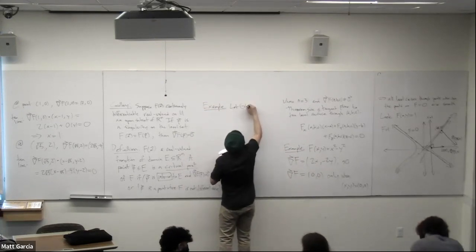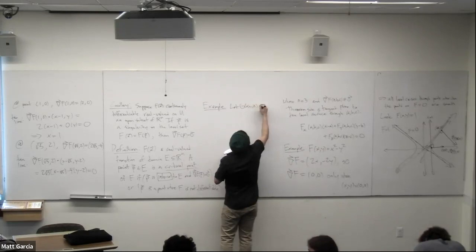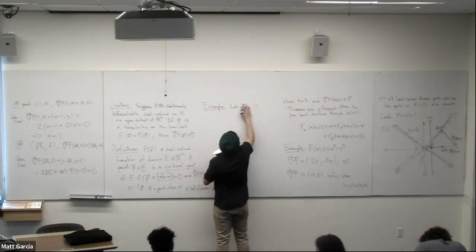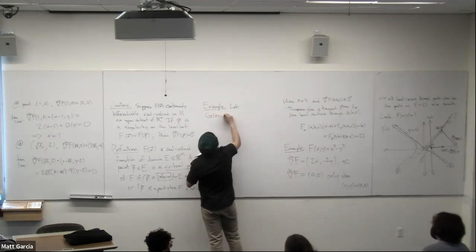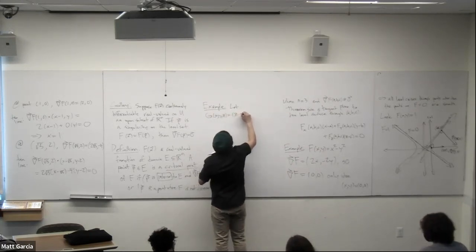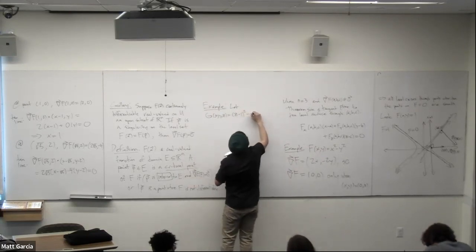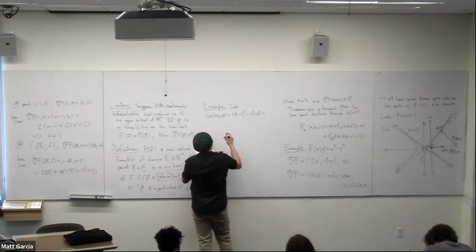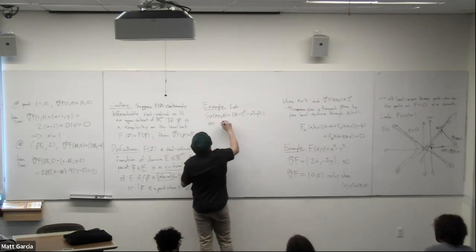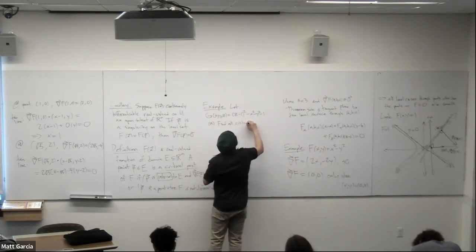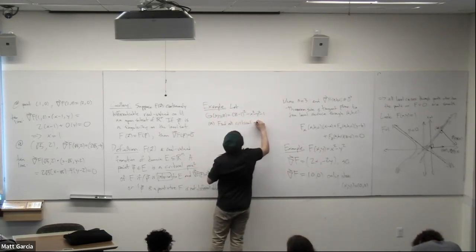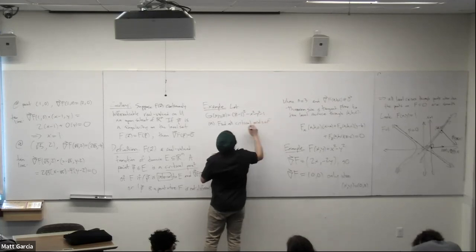First, let g of x, y, z be the function, z minus 1 squared minus x squared minus y squared minus 1. First, I'll ask you to find all critical points of g.